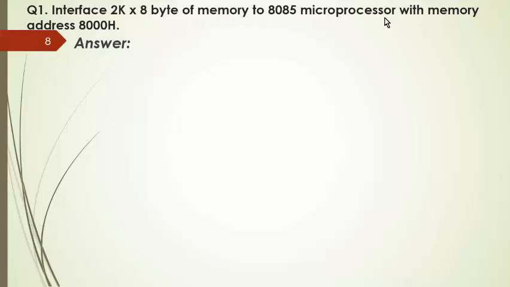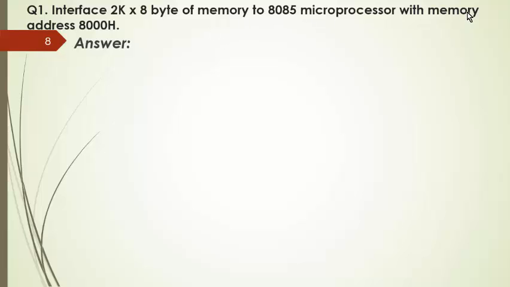We will see the first example. The question is: interface 2 kilobyte by 8, 2K by 8 byte of memory to 8085 microprocessor with memory address 8000 hex. Here the memory capacity is given as 2 kilobyte, which gives the information about the number of address lines required, and the 8 means the number of data lines.